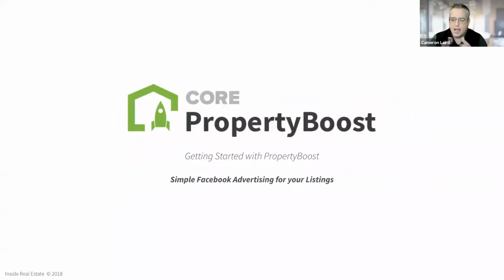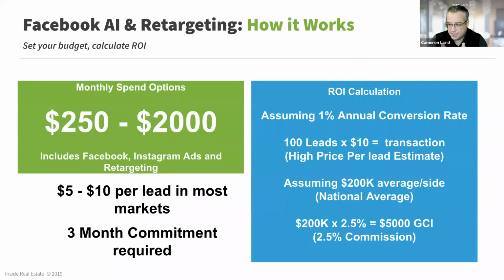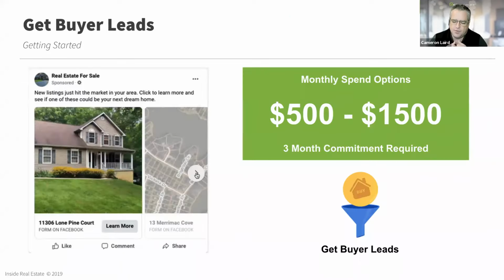So we do require a 3-month commitment on our subscriptions. We want you to give this a little bit of an investment, think about it in terms of what the ROI will be in the longer term, and run with it for that 3-month minimum.